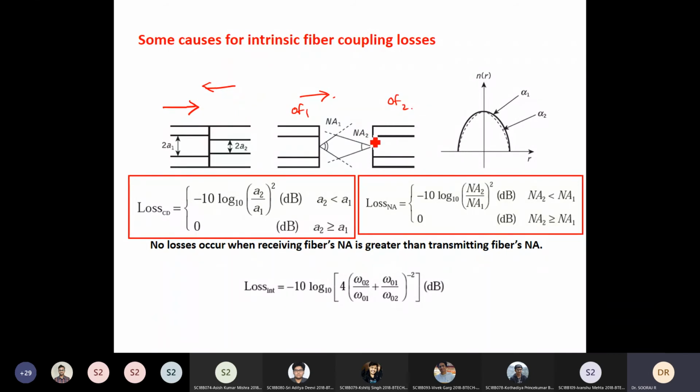Remember the definition of numerical aperture: it defines the ability of an optical fiber to collect light. This one has a larger numerical aperture, this one has a smaller numerical aperture, because of which you will lose some of the light. If the second optical fiber has a larger numerical aperture compared to the first one, then you are not going to have any loss.